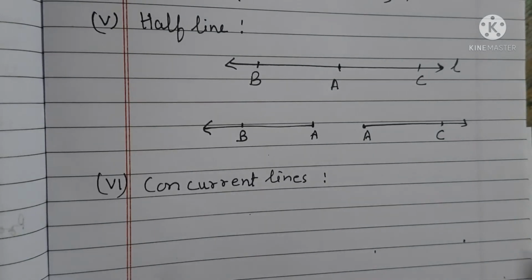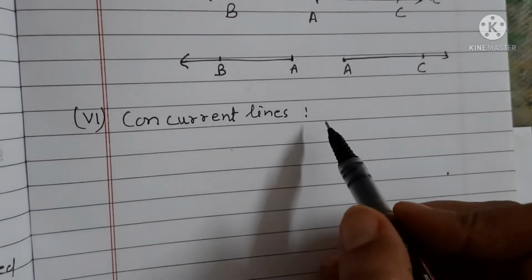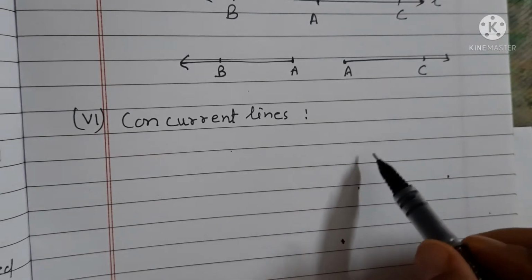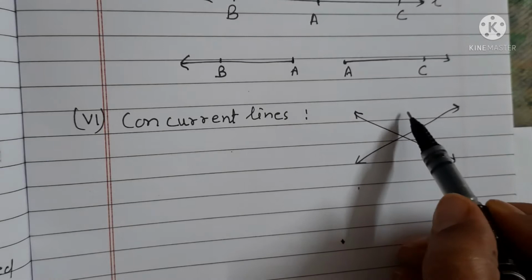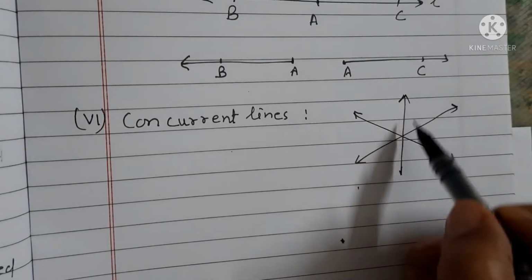Next, now concurrent lines. Three or more lines intersecting at a common point are called concurrent lines. This is one line, two line, three line.